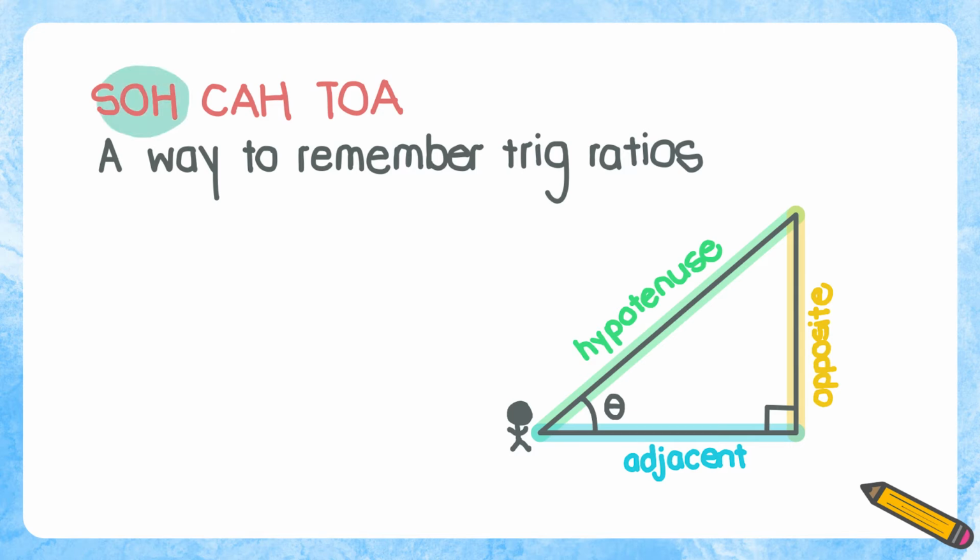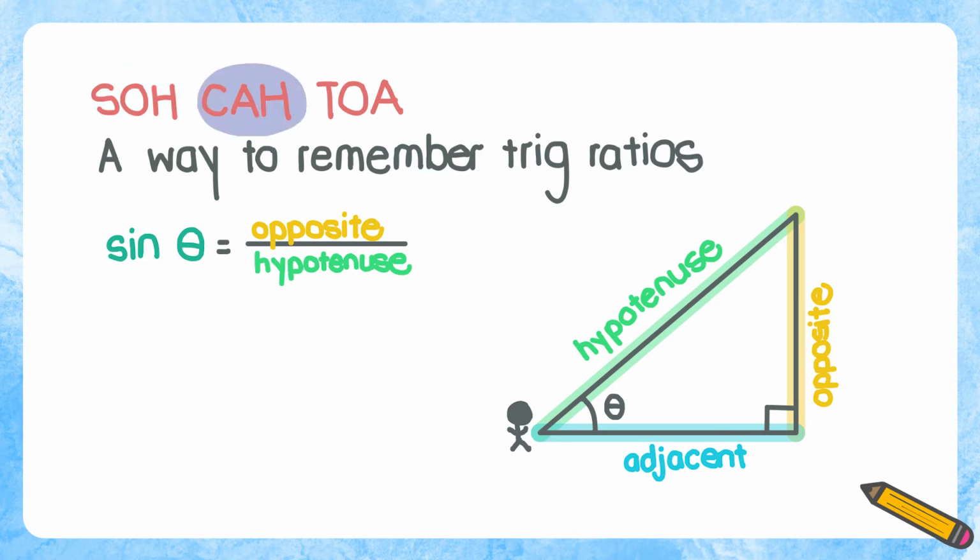The first 3 letters of SOHCAHTOA, so S-O-H, tell me that sine of theta equals the opposite side over the hypotenuse. So we can set up sine of theta by putting our opposite side over the hypotenuse.